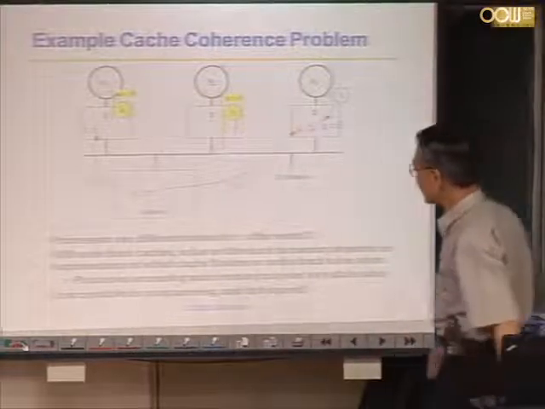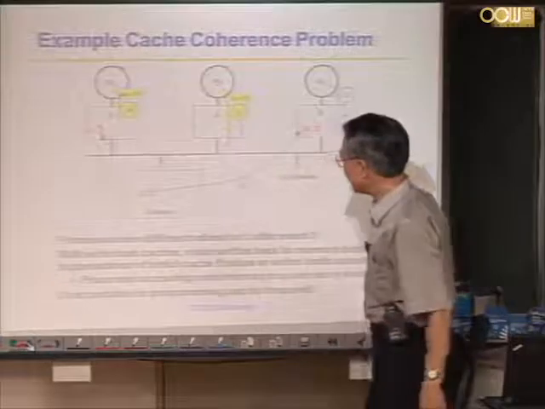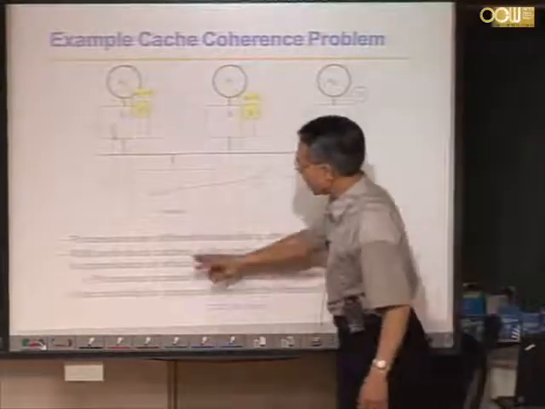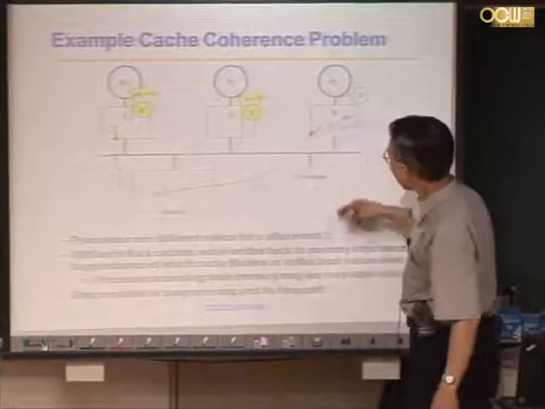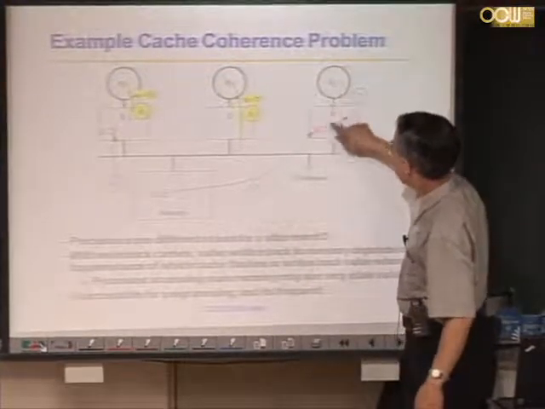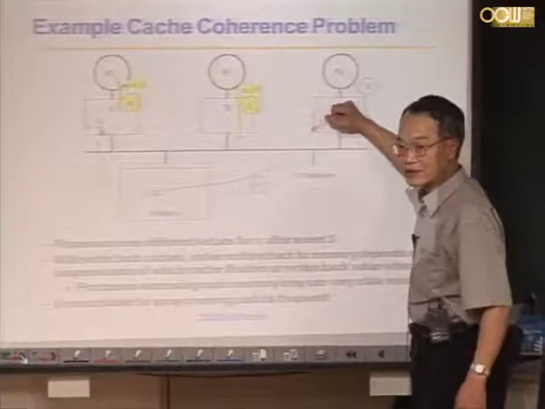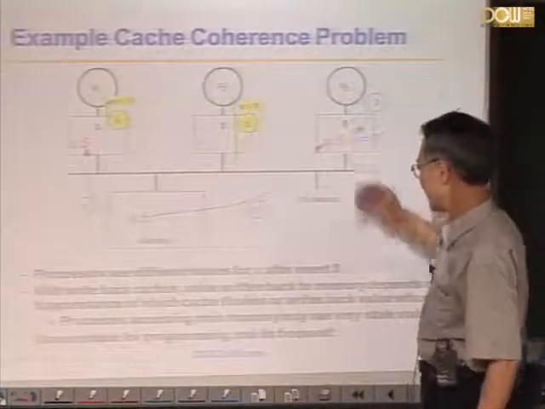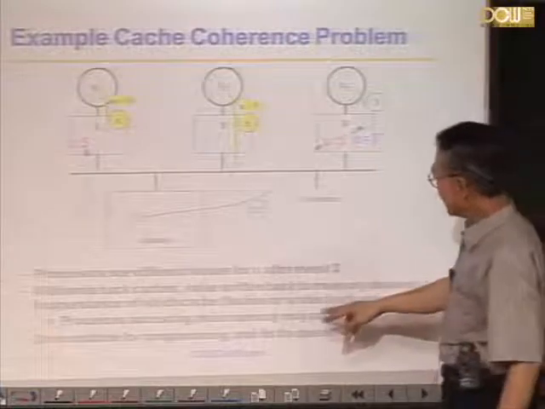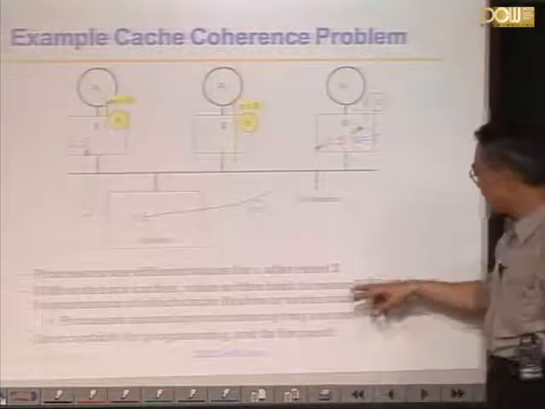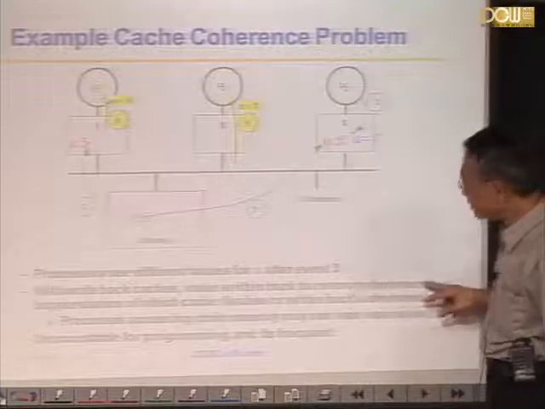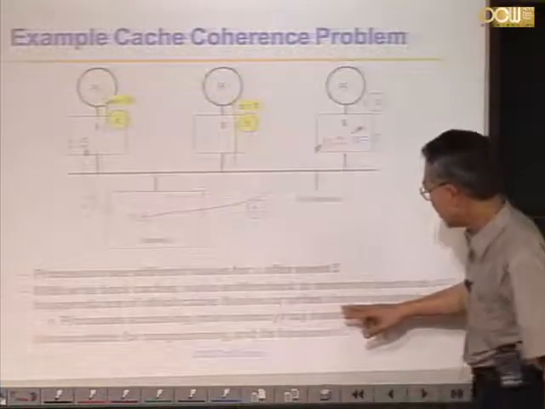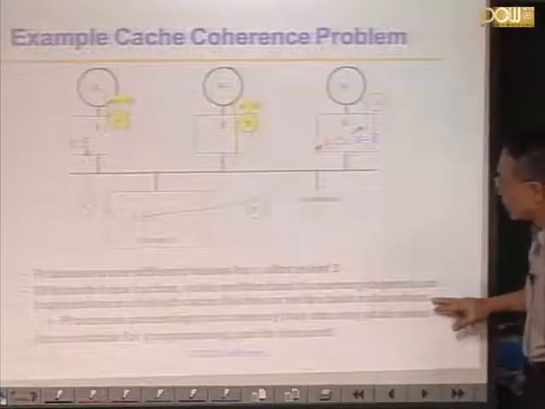Okay, let's read through this. Processors may see different values for a variable after some time. And with write-back caches, write-back cache means I have a new value, I'll save it until this variable is going to be replaced. Value is written back to memory only depending on happenstance of which cache flushes or writes back value when.